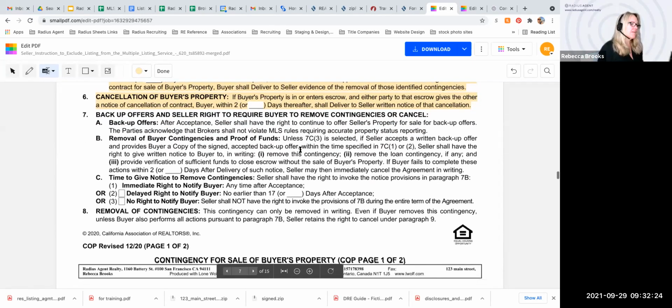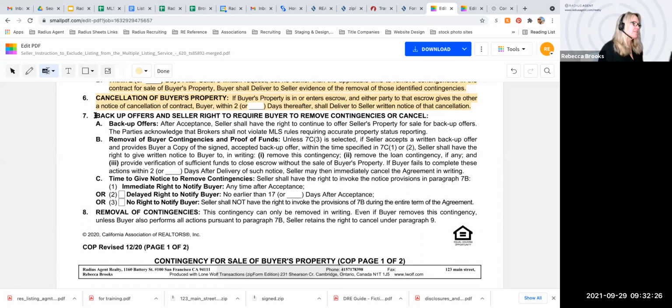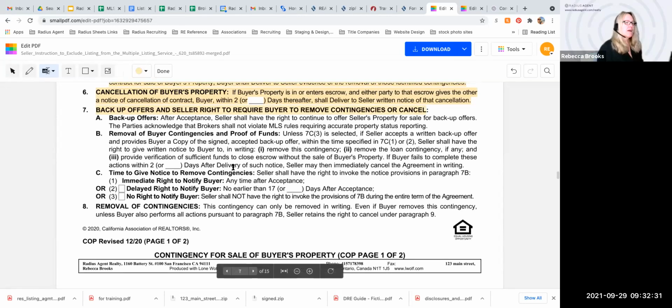This is the part where people get confused most of the time, because this is reserving the right to take backup offers. Okay, and so obviously from a seller's point of view, the seller really wants a solid contract, right? But the buyer is going to want to have a little bit of flexibility, and that's where you guys are negotiating how you're handling the seller's ability to continue to market the property for a backup offer, because they can go ahead and get into contract with this contingent buyer, knowing that buyer's got to sell another property.